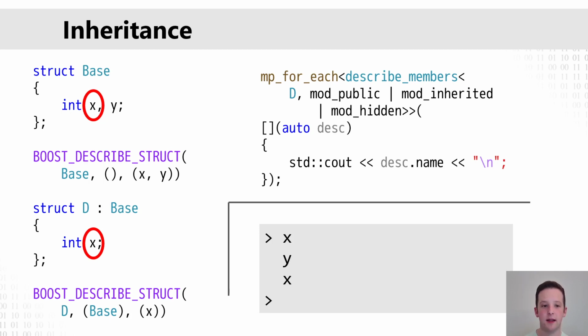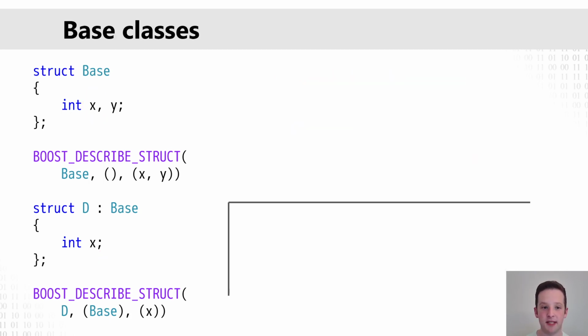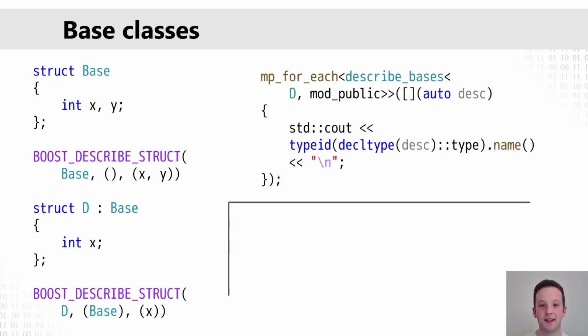Okay. There's another type list that you might want to use. Instead of just grabbing the members of the base classes, what if you want a list of descriptors of the base classes themselves? Well, Describe does that for you too. If you want the list of base classes, you can use the Describe bases type list, and it will do that for you.